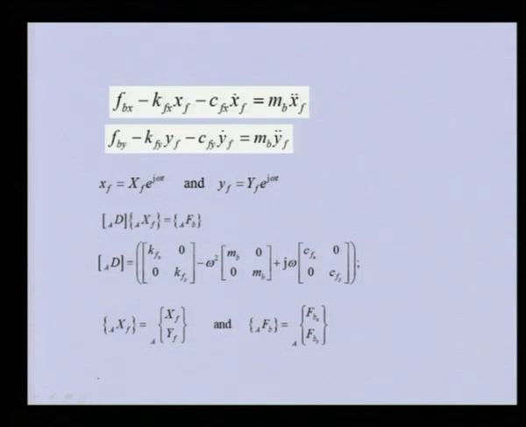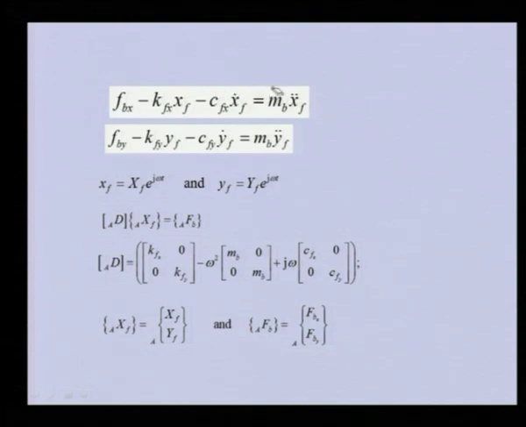Now, we are writing the equilibrium of the bearing mass in the previous figure. So, this is the fluid film force, these are the elastic forces from the foundation in the x direction, and this is the damping force from the foundation.